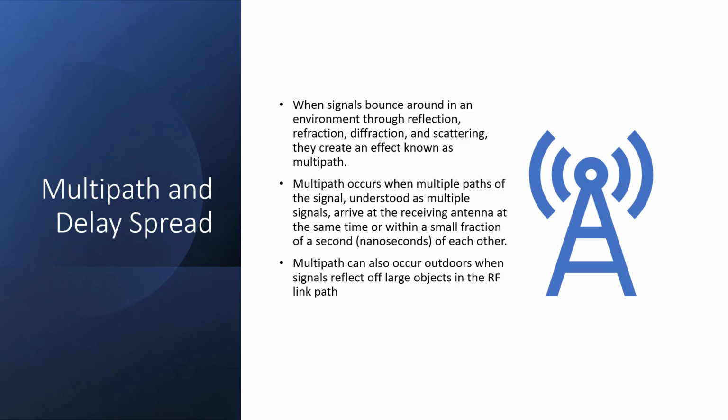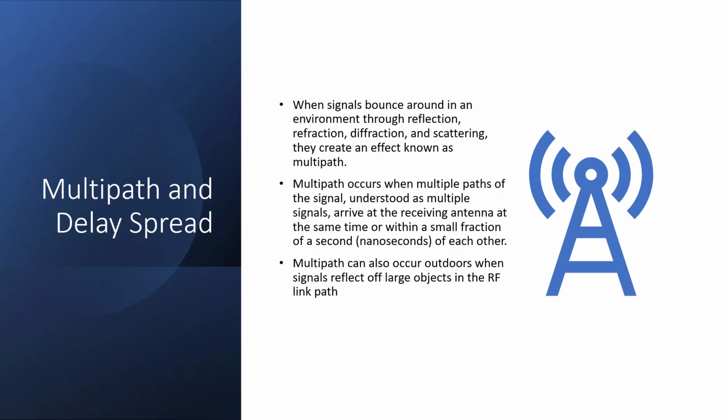I decode it, then send it to the upper layer. In reality, this doesn't happen. The same signal hits different surfaces, reflected, refracted, then scattered. They come at different times.